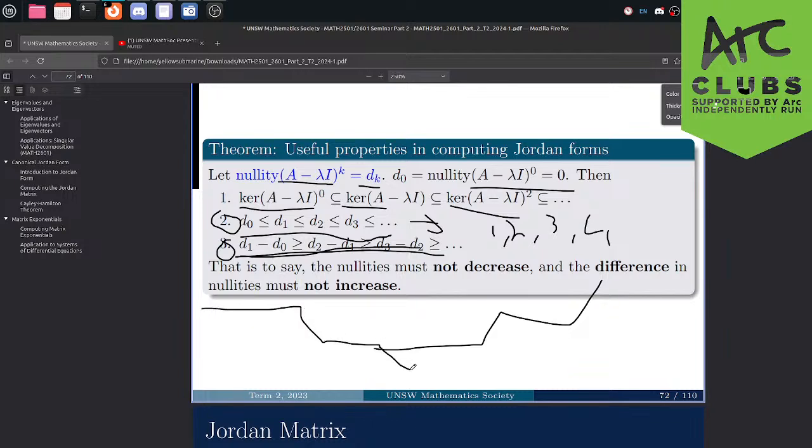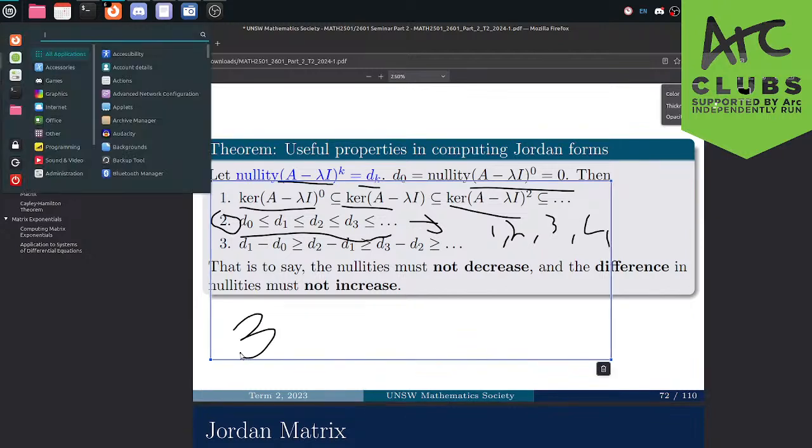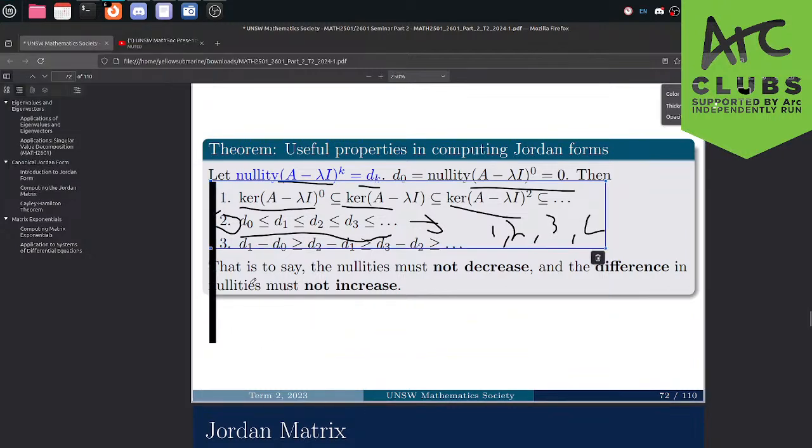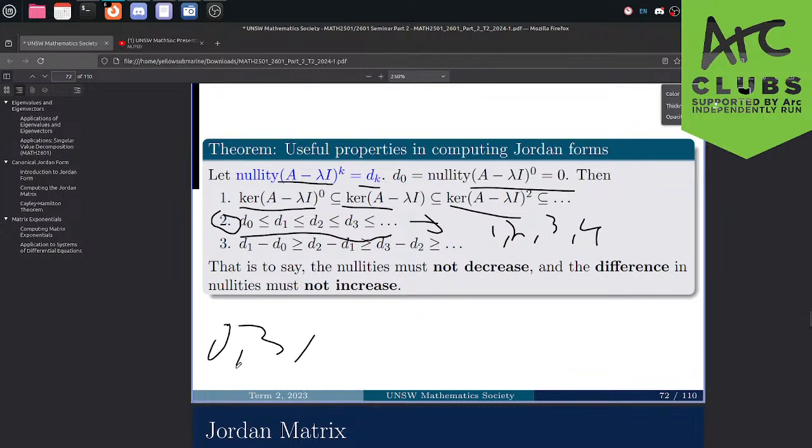By differences, I mean, here's an example, a sequence like 0, 0, 3, 5, 6, 7, 7, 7.